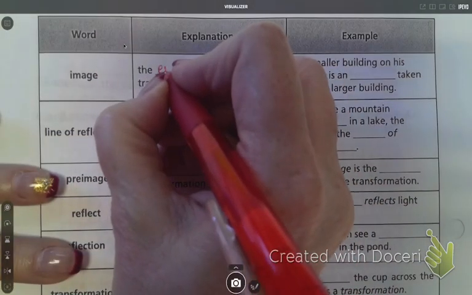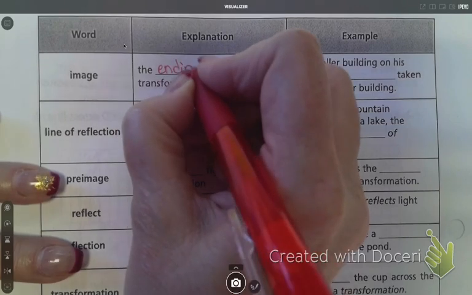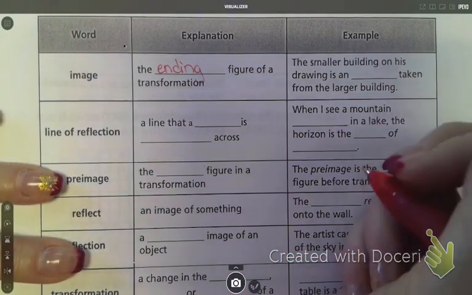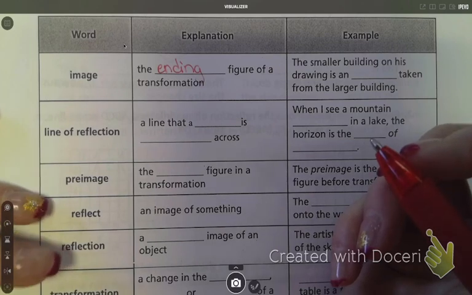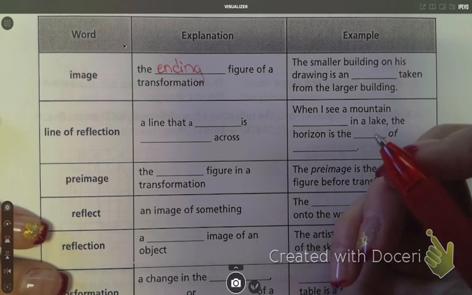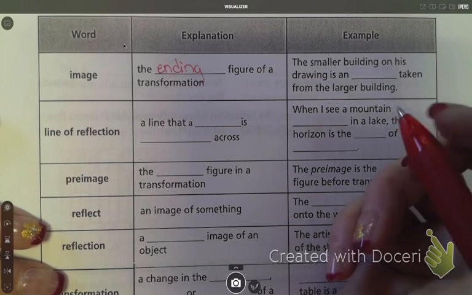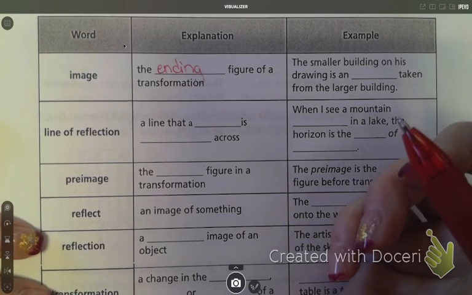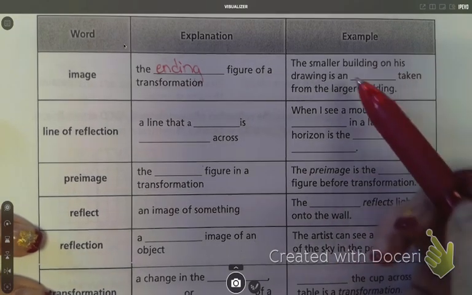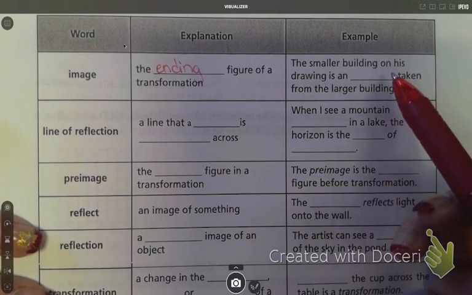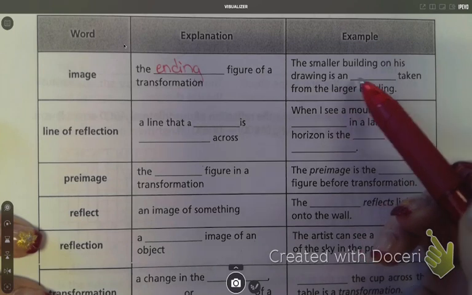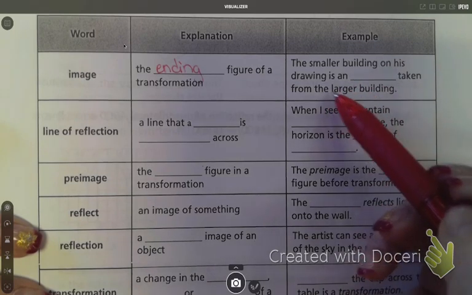I want your words, okay, guys? If I wanted my words, I would tell you what to put in there. It's the ending figure of transformation. Anyone want a different word? Final? Result? Right? Okay? Example. The smaller building of his drawing is an blank taken from the larger building.